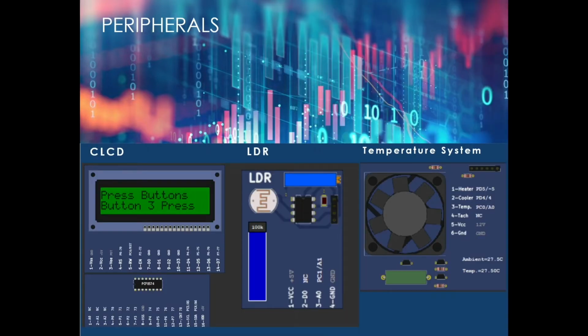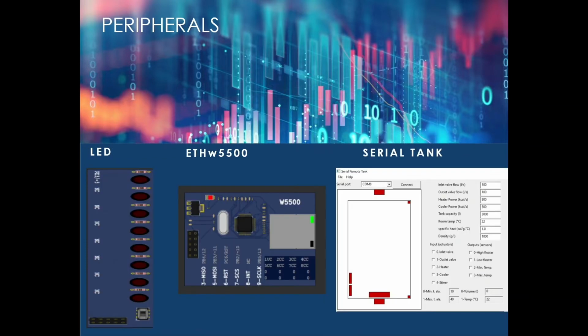The main peripherals of our project are CLCD, LDR, and the temperature system. The CLCD is used to display the weather, temperature system, serial tank, and many more things in our project.